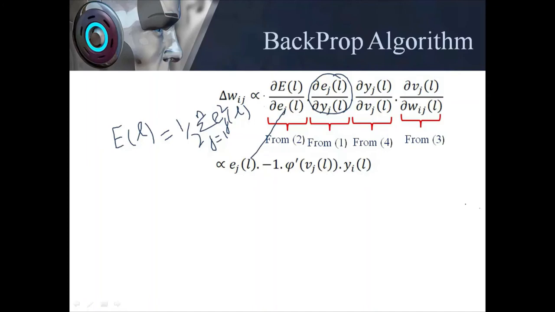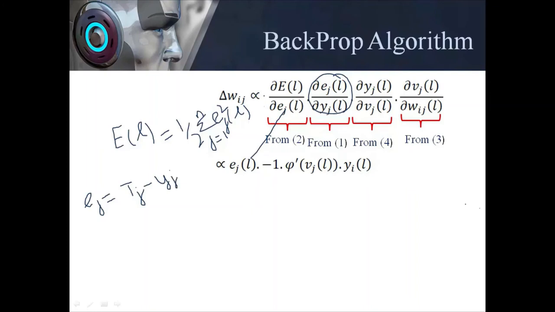I know that the instantaneous error from equation 1 is given by the target value of the jth neuron minus the actual value of the jth neuron.